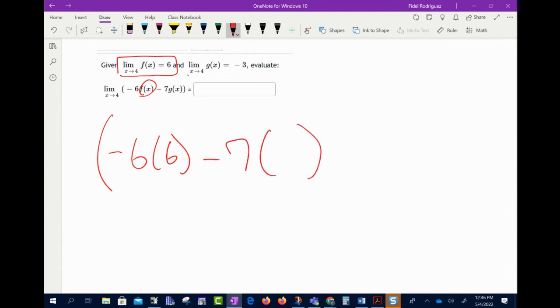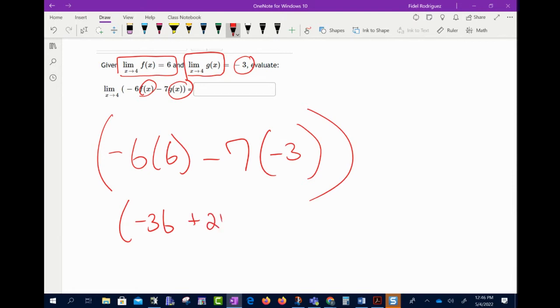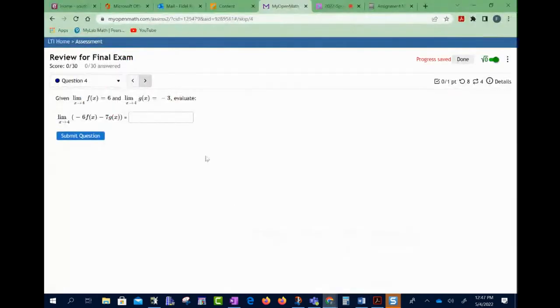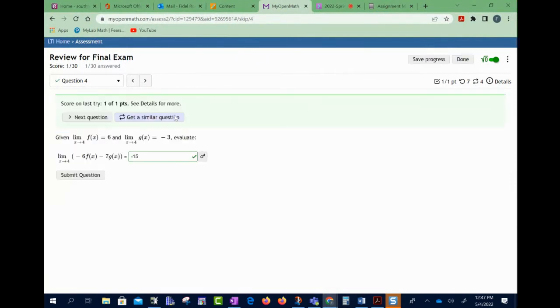Minus 7 times the limit as x approaches 4 of g of x, which is -3, so I'm just going to plug in a -3. And so now what do we have? We have a -36 and a positive 21. And that's just going to leave me with a -15, right? So I should have -15 as my answer. I'm just going to enter that in, -15. There we go.